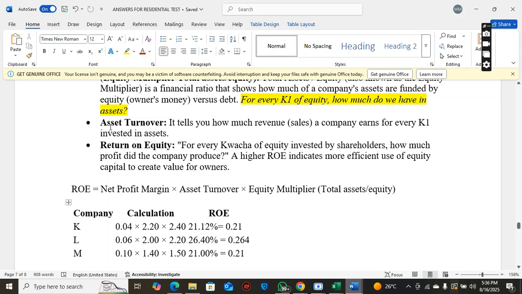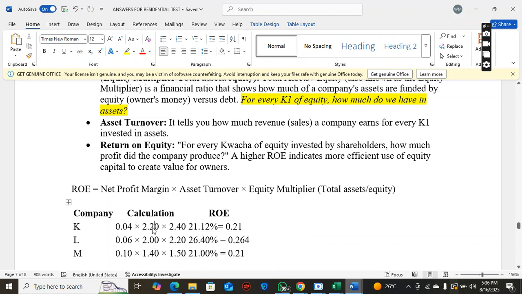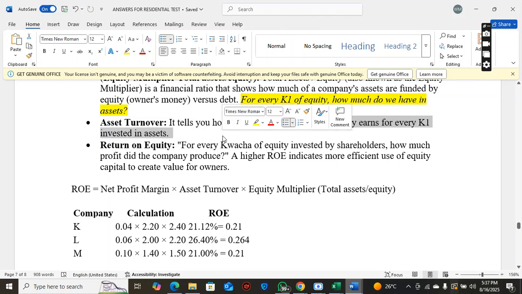If it's asset turnover, if we look at company K, for every one kwacha invested in the assets, the company makes two kwacha in sales revenue. Because asset turnover is how much sales a company earns for every one kwacha invested.